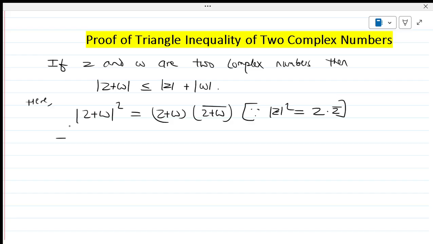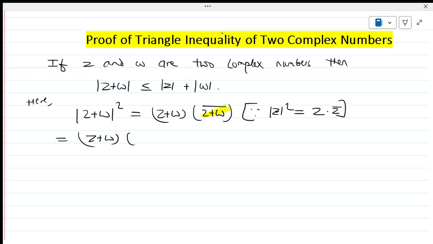And after that we go with the next one, so z plus w, and now this (z plus w) conjugate, right? So this we can break as the sum of the conjugates of z and w individually.